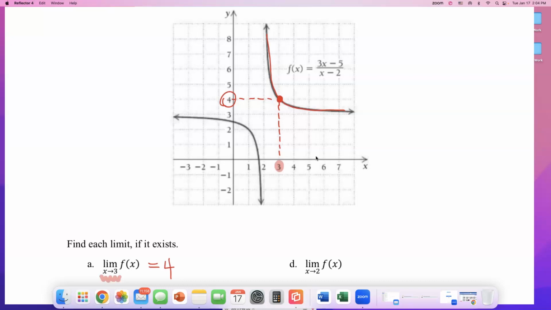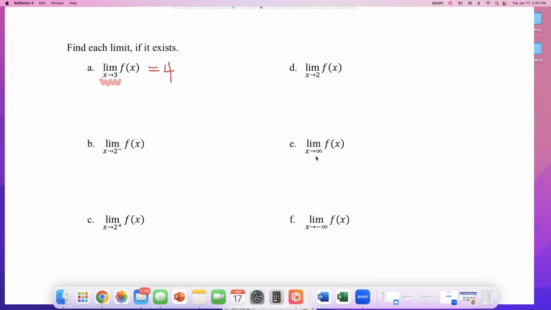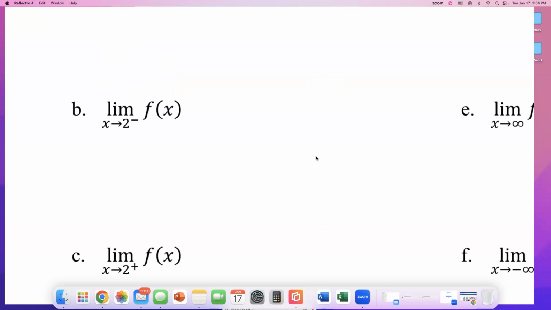Let's look at B. Oh, this one is a one-sided limit. This is asking limit as x approaches 2 from the left. So I'm going to find 2 and approach it from the left. Okay?